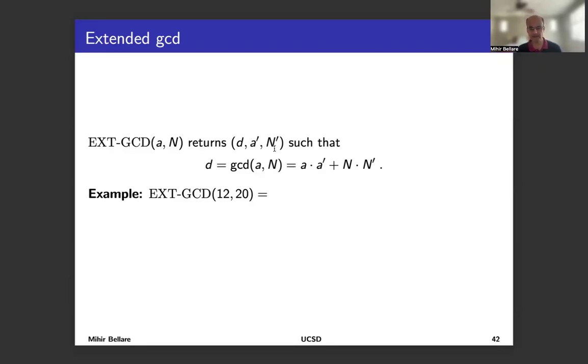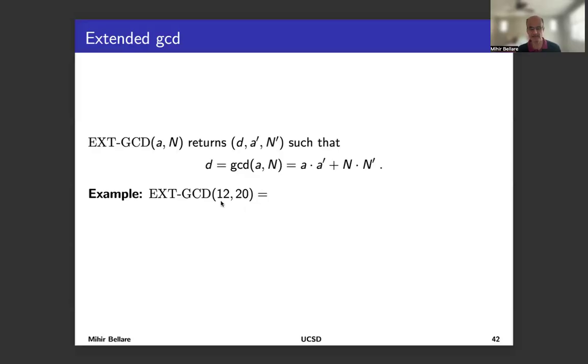And their property is that the GCD can be written as a linear combination of the original numbers and the weights. In other words, this number a times its weight plus this number n times its weight would give you back the GCD. Why would we want to do that? We'll see that in a bit. But for the moment, let's just see that we understand what it means.